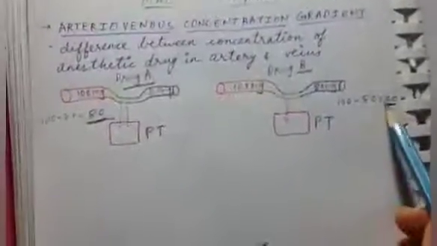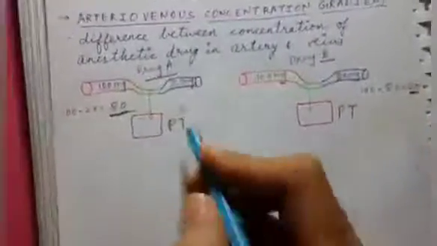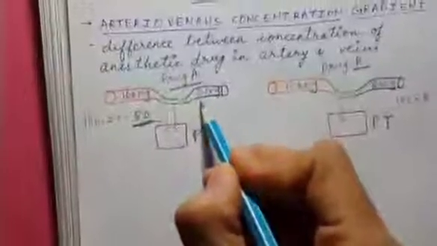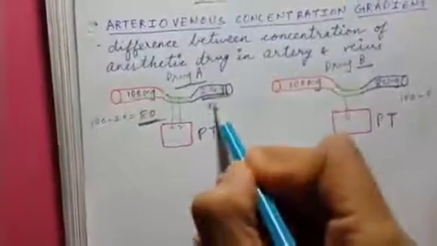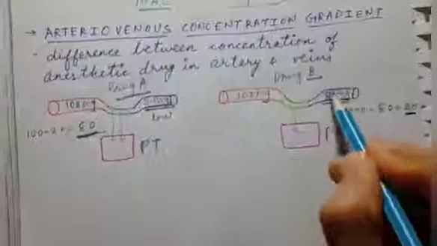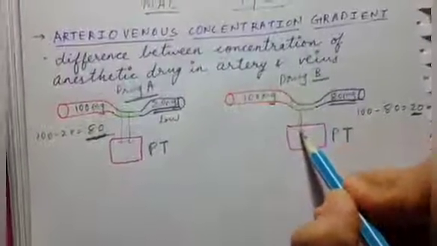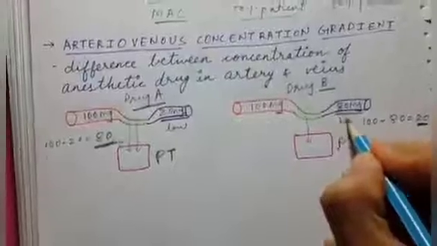So what does this mean? What should we derive from this? In the first case, the concentration of the drug in the blood remains low, while in the second case the drug remains confined to the blood vessels. It is not entering the peripheral tissue very quickly, so here the concentration is high.